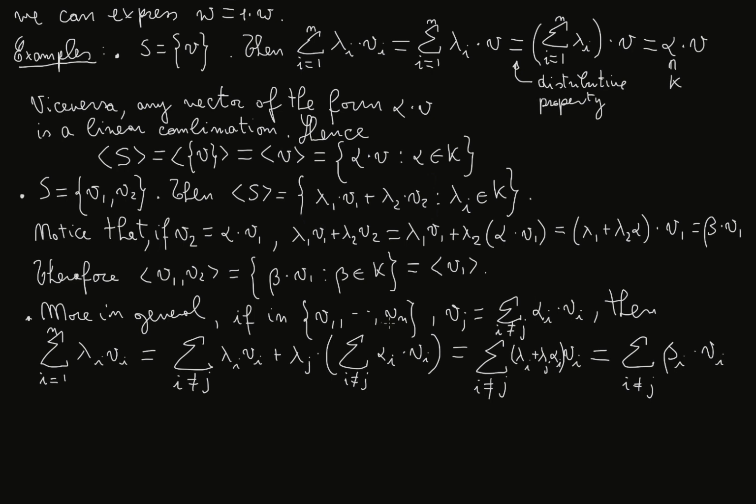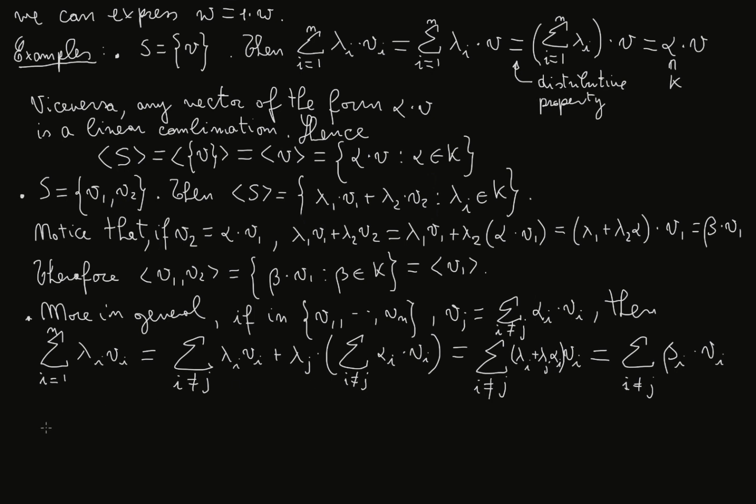So the bottom line of all these equalities is that any linear combination of all the vi's reduces, in this particular case, when one of the vectors is a linear combination of the others, to just a linear combination of the vectors different from j. Okay.